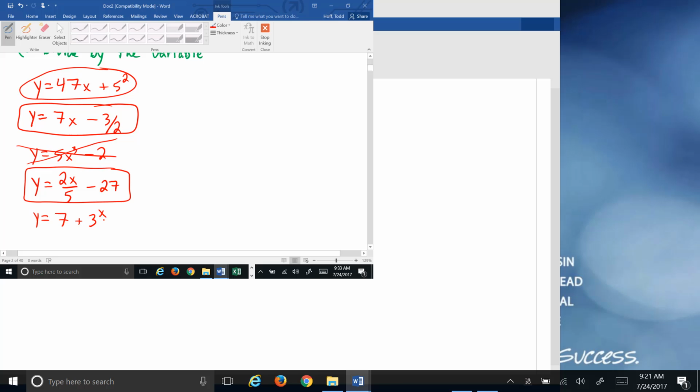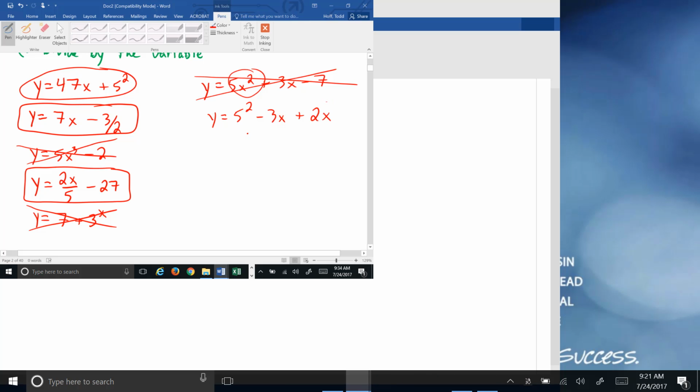How about that one? That is not a line. You're right, because the variable is in the power. How about that one? Why not? X squared. Very good. How about this one?